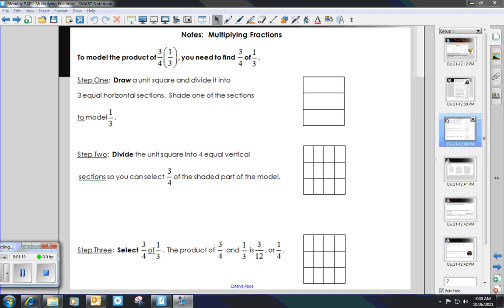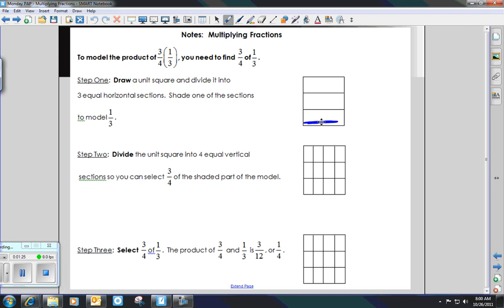So what we're going to do is I'm going to shade 1/3 of my thirds up here. I'm going to transfer that shading all the way down. I know I can't color right with this board that I'm using, but it's okay.